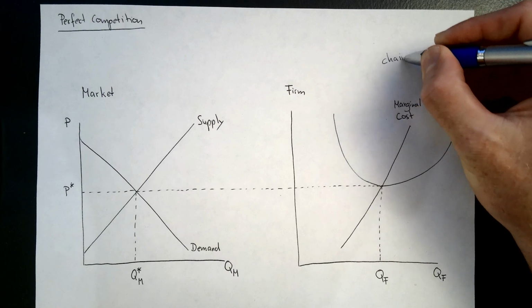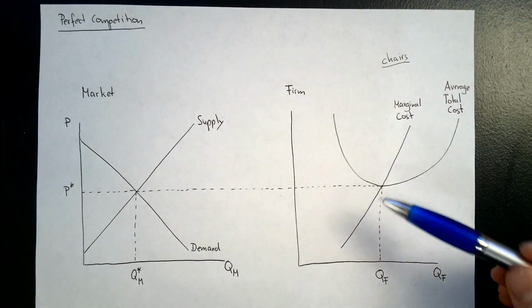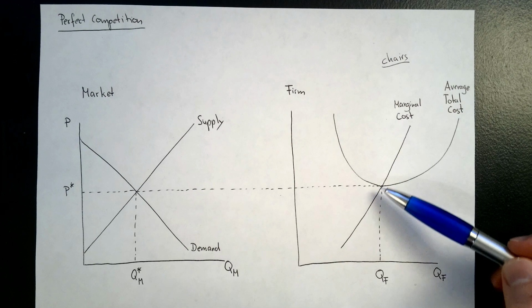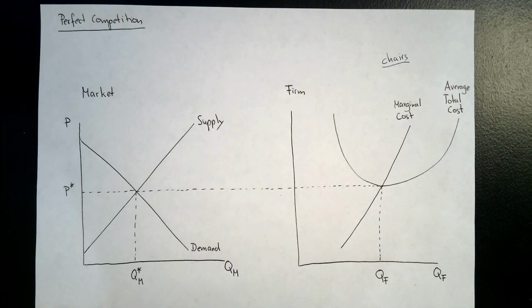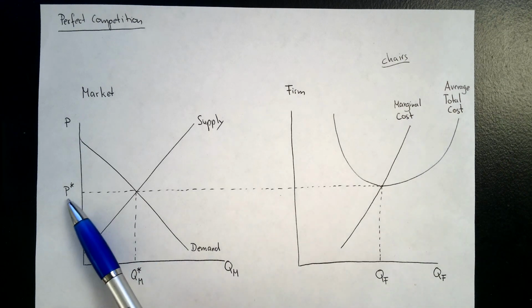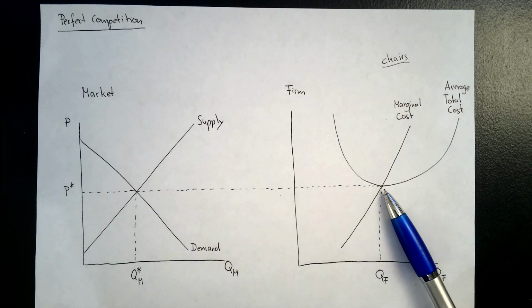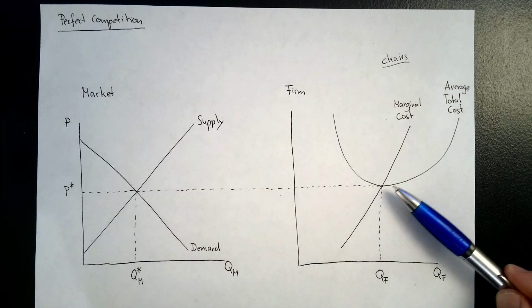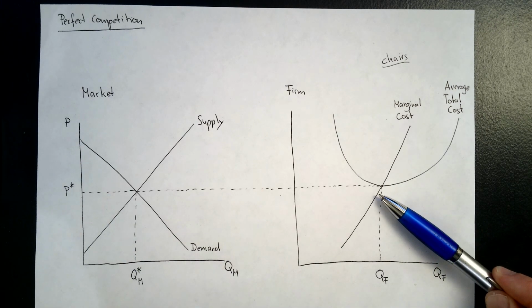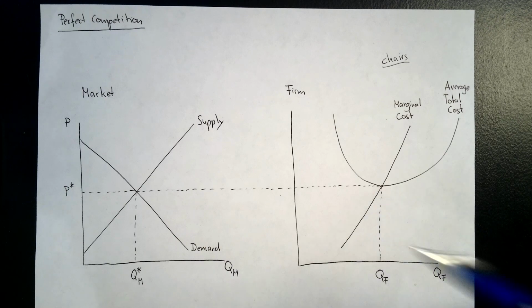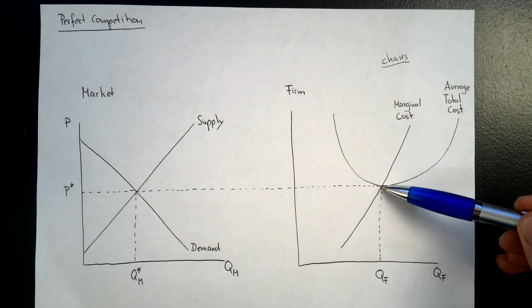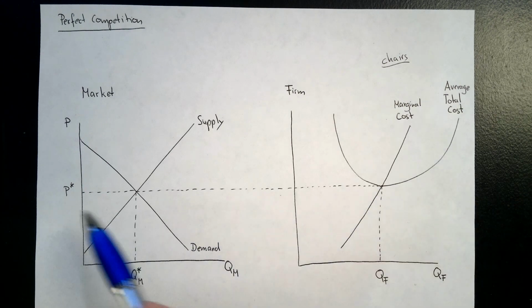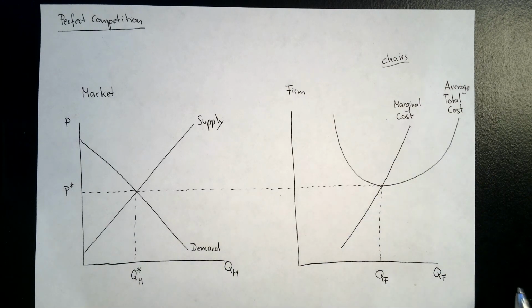If the price they could receive for an additional chair is higher than the additional cost, then they would produce that chair. The same is true the other way around: if the marginal cost was higher than the price, they would not produce the chair, and hence the equilibrium is where the price is equal to the marginal cost.